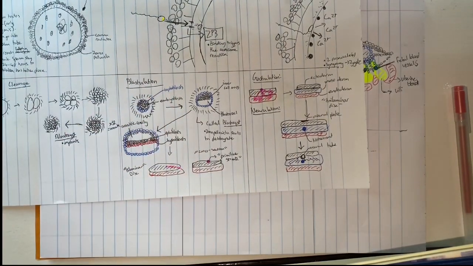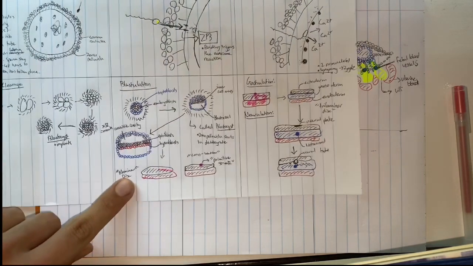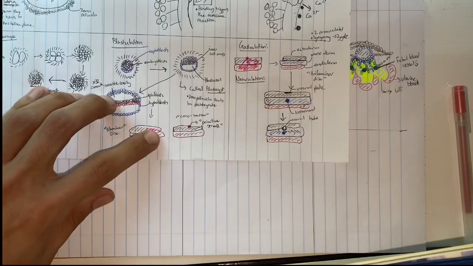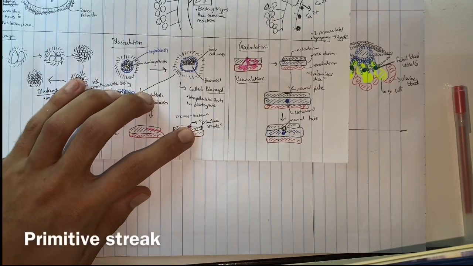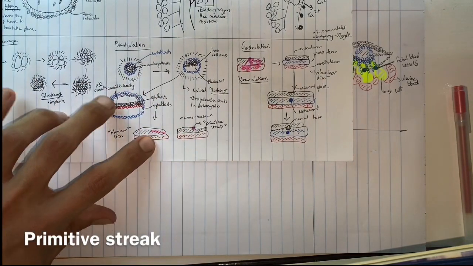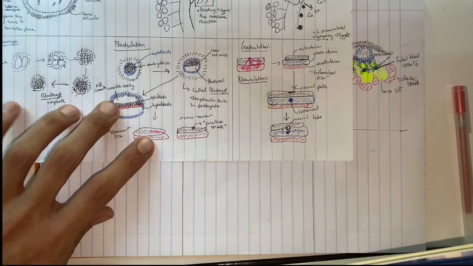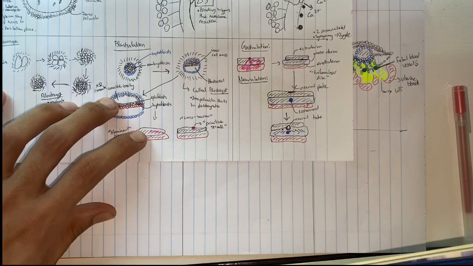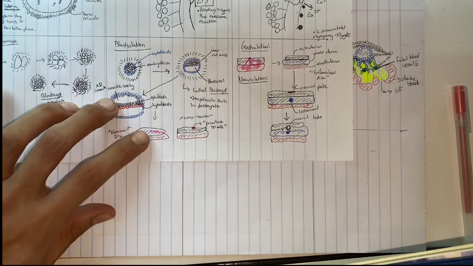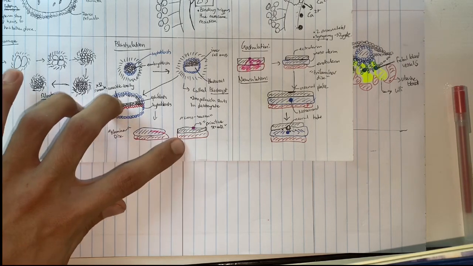Okay, cool. So what happens is that a layer of hypoblasts and epiblasts is known as a bilaminar disc, and this little pink line is called the primitive streak. So the primitive streak forms in the middle of the bilaminar germ layer, and this indicates the start of the next phase, which is known as gastrulation.